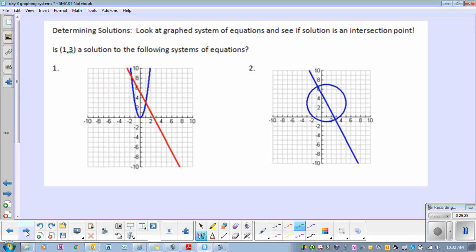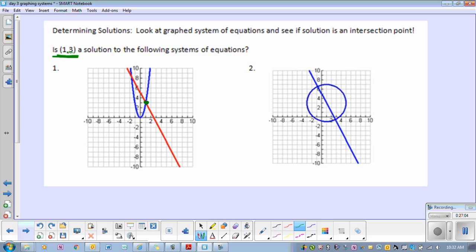Okay, so now the next part. For the different type of question that they may ask you about the system of solutions. Determining the solutions. I could ask you, hey guys, is 1, 3 a solution? That means, is 1, 3 an intersecting point? Okay? So I'm going to go to 1, 3 right there.